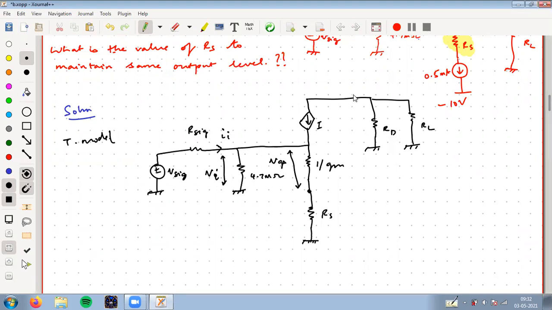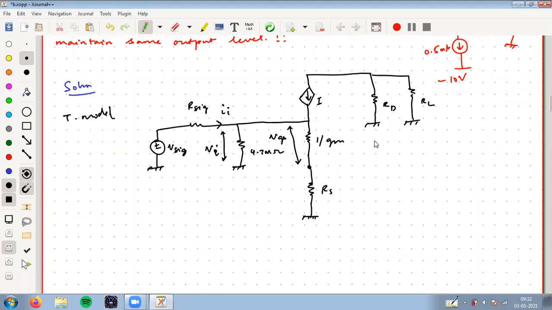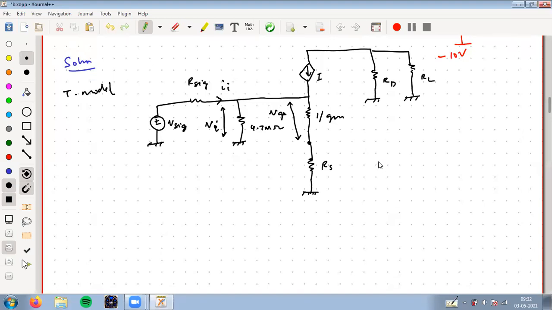So what is asked? What is the value of RS? To find the value of RS here, I think only 10 minutes are left, so let's be able to solve this. What is asked is GB equal to V naught by V signal.